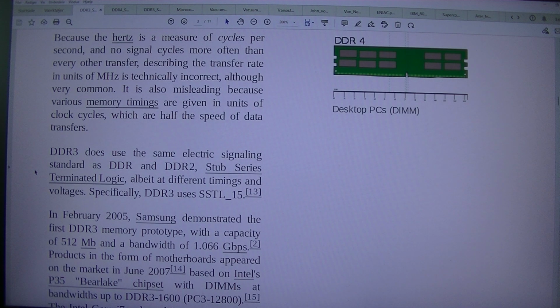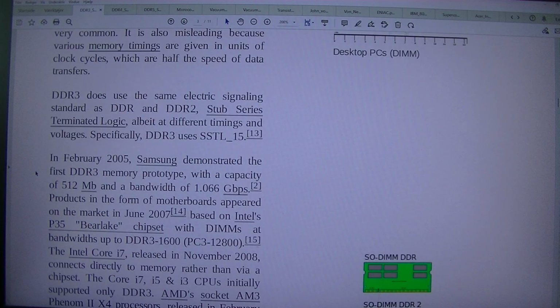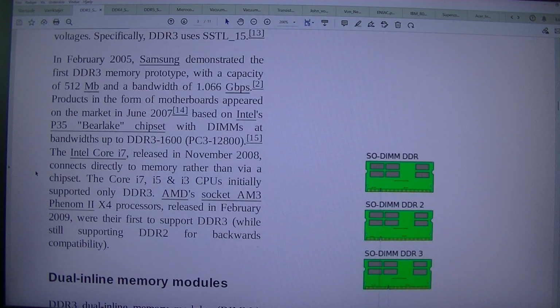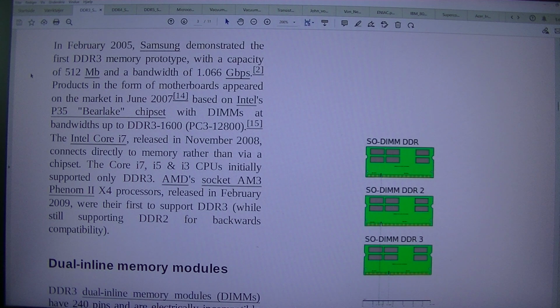Specifically, DDR3 uses SSTL_15. In February 2005, Samsung demonstrated the first DDR3 memory prototype, with a capacity of 512 MB and a bandwidth of 1.066 Gbps.